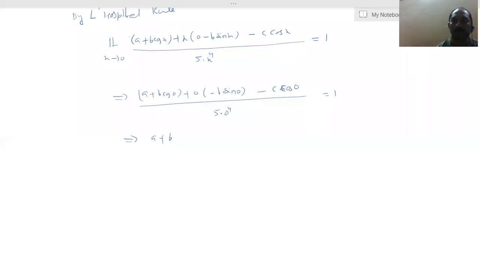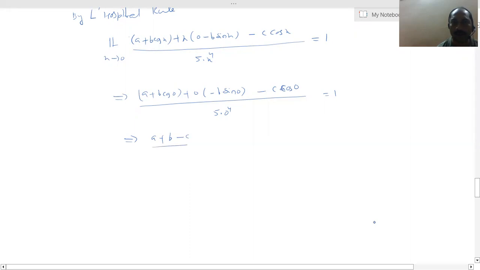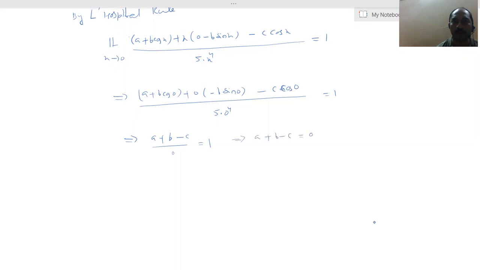Substituting limit value, here we get a plus b cos 0 is 1, next term 0 minus c times of cos 0 means minus c into 1, by 0 equal to 1. That implies a plus b minus c equal to 0 by cross multiplication.